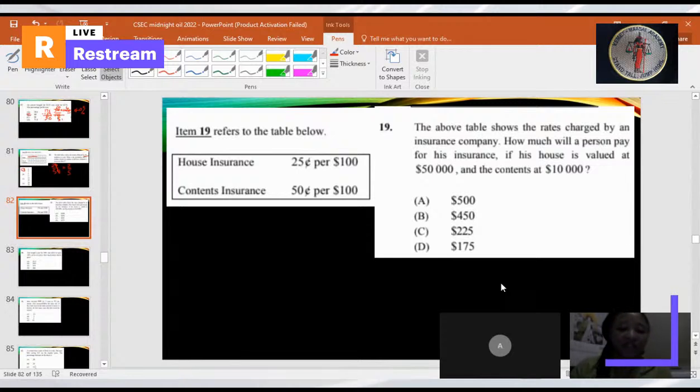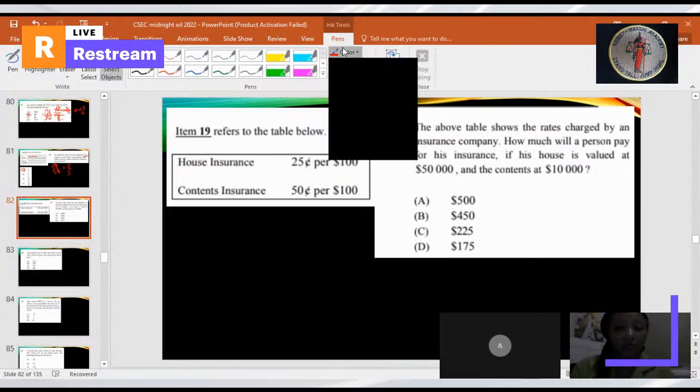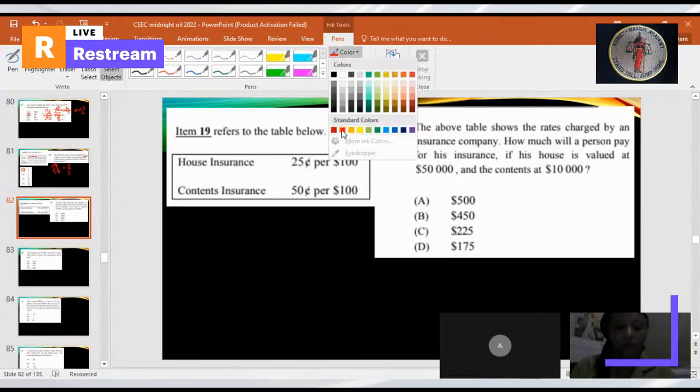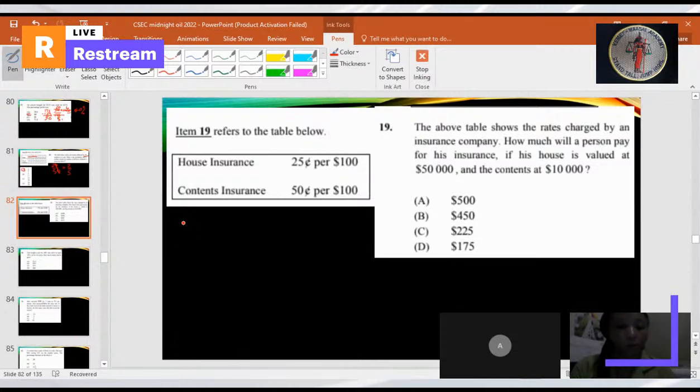All right, so 25 cents per $1,000. How do you work this? His house is valued at 50,000.